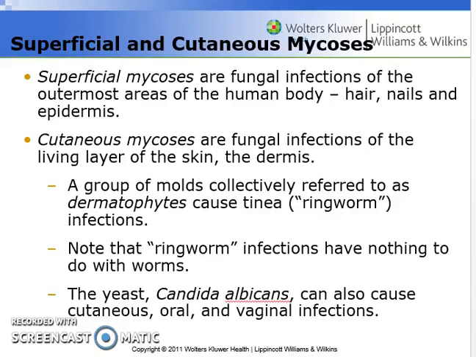An example of this would be ringworm, where you have dermatophytes, which can basically get underneath your skin and that living layer, getting into the dermis tissue and causing ringworm to develop. Ringworm is interesting just the way that it gets its name, because it looks like a worm has basically dug in this layer of your skin and just sat and formed a ring. But it doesn't have anything to do with worms, so this is all a fungal infection that you could get.